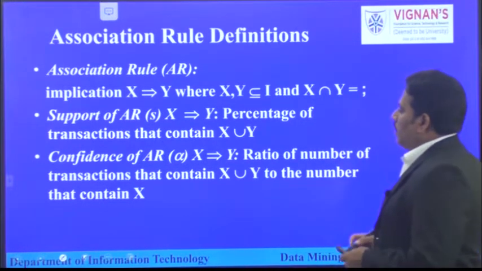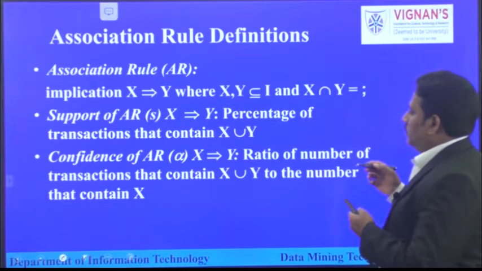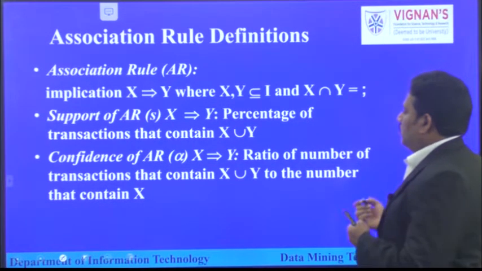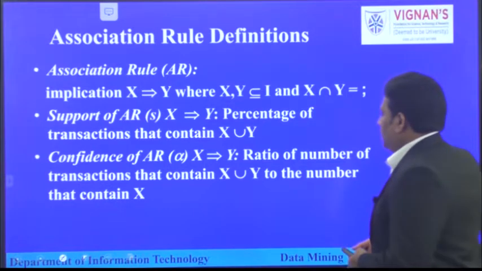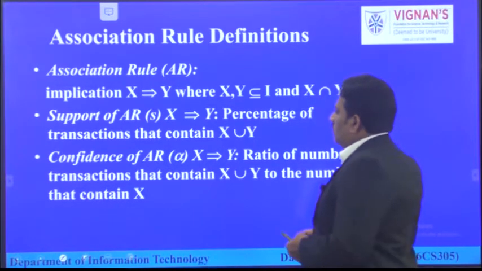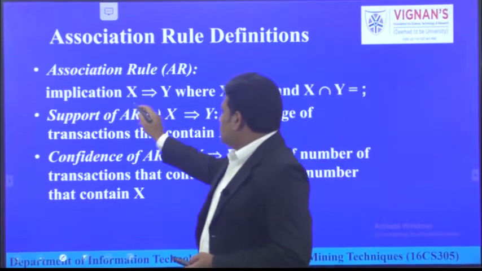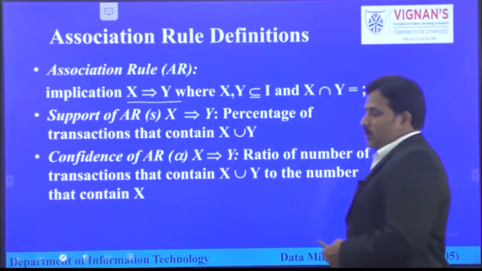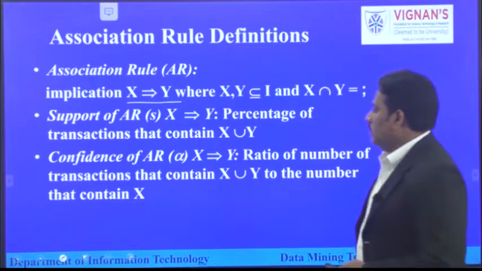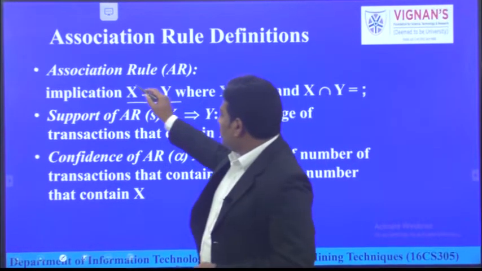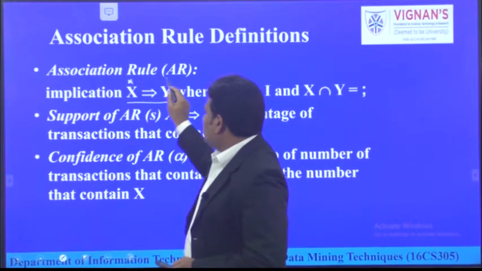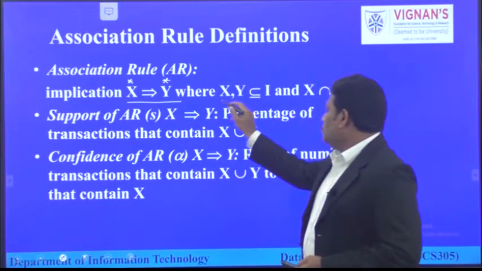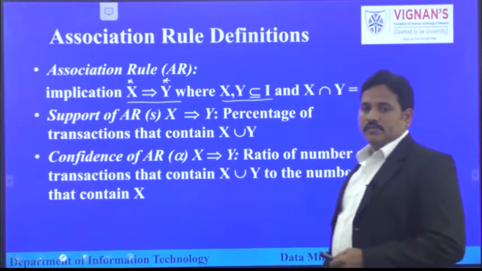Now, how can we convert that into a formula, or in a mathematical way? Let us assume X implies Y is an implication where X and Y belong to item set I. Here we are comparing an item X with an item Y, but both X and Y belong to item set I only.